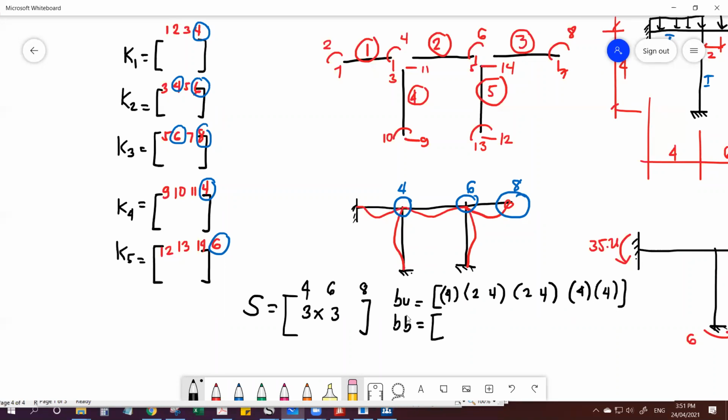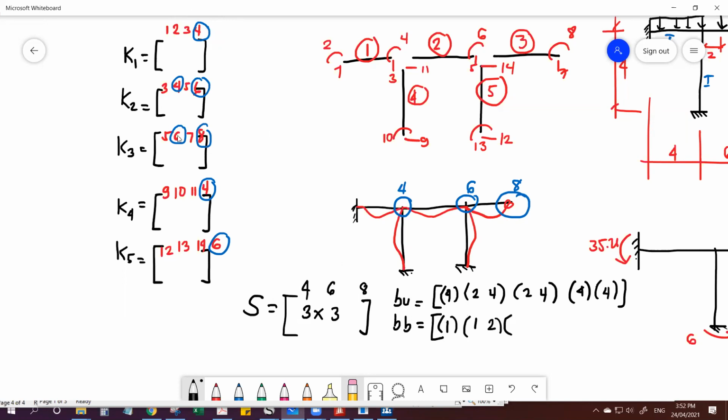Last, for the BB, we're looking at the destination. What's the location of 4 here in our S? It's on the first, right? So this will be one. Location of 4 and 6 in our S, first and second.